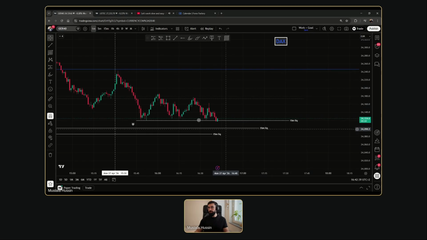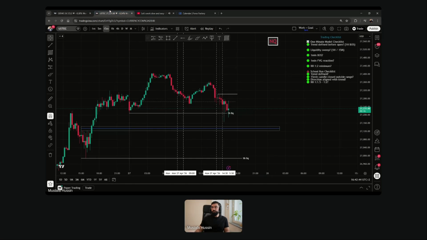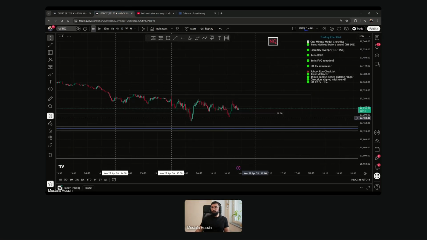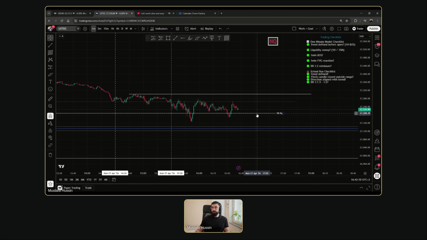Right, I'm waiting for a break of structure, fair value gap, reaction to the upside. You can see that the Nasdaq is continuing to the upside.